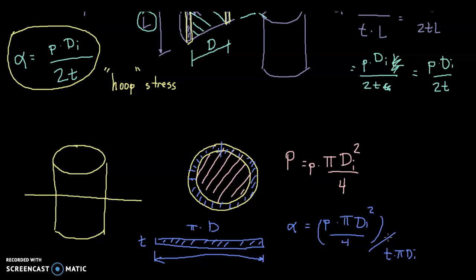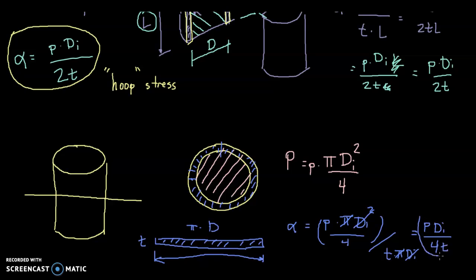So what happens here if we simplify this mathematically is we still have the p, and the pi cancels out. The d and d squared leaves us just d, and then the 4, because it's on the denominator, we can move down to the denominator, and then we still have t.